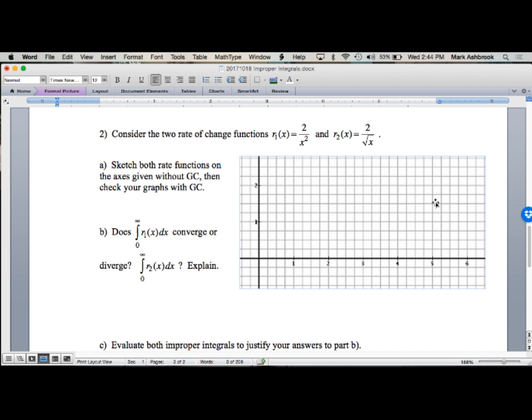You still can have rate functions that go to 0 but go too slowly, and the accumulation will just take off. So the rate needs to go to 0, but that's not enough. It also needs to go to 0 in a certain way, quickly enough, right? It needs to get to 0 quickly enough, and then your accumulation can level off. That's the answer to question 3.